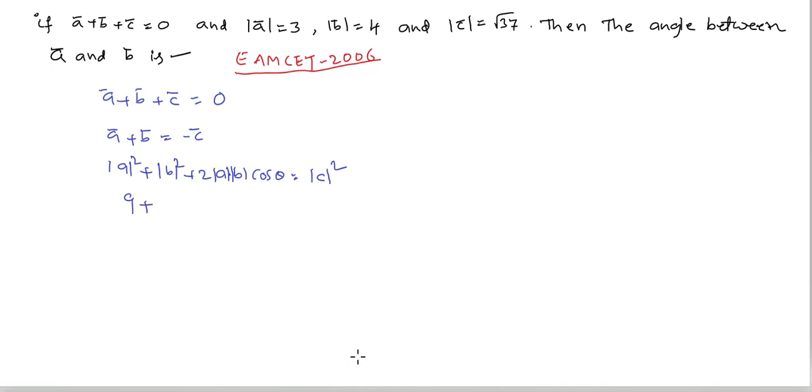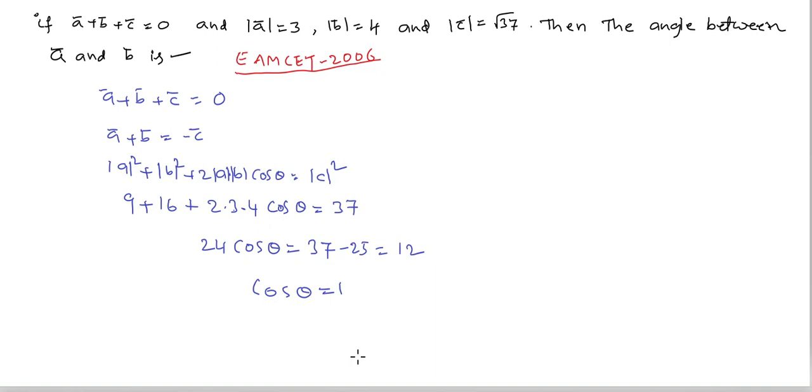Mod B is equal to 4, that is mod B square is 16, plus 2 into 3 into 4 cos theta is equal to mod C square, that is 37. So 2 into 3, 6 into 4, that is 24 cos theta is equal to 37 minus 25, that is equal to 12. Therefore, cos theta is equal to 12 by 24, that is equal to 1 by 2. So theta is equal to pi by 3.